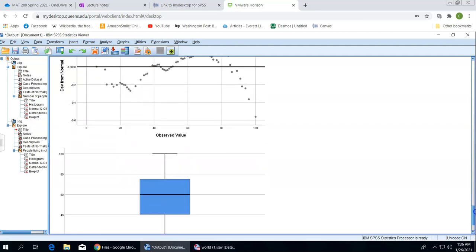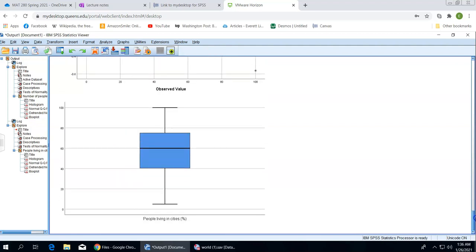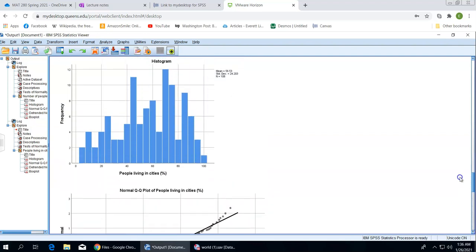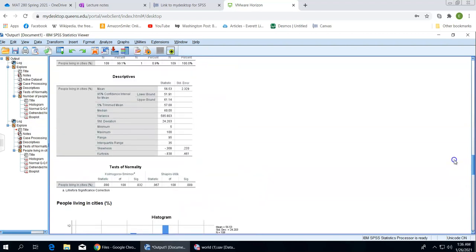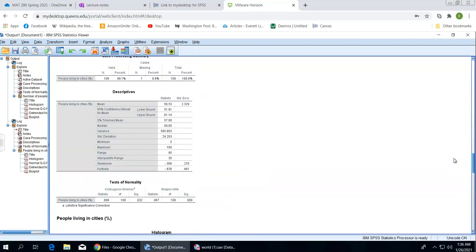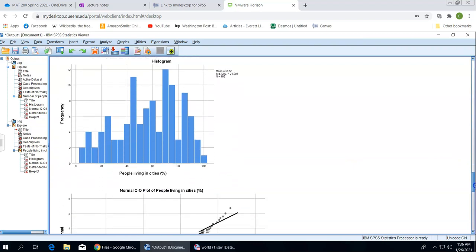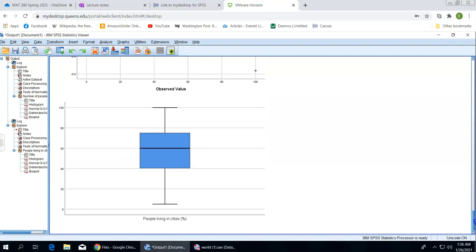So, considering all of that together, this is one of those times when we've got some information that's a little bit conflicting, pointing to different results. I would probably go with the test for normality and say, yeah, there's a departure from normality, but looking at these other things, it doesn't look like it's a big one, is what I would say.